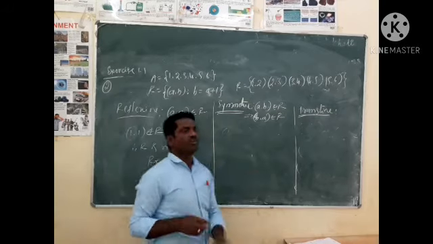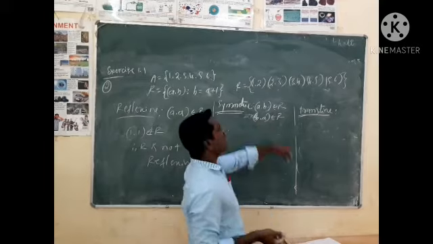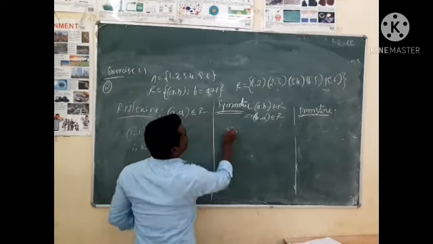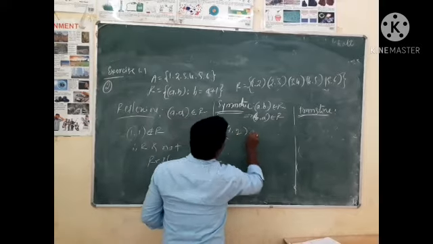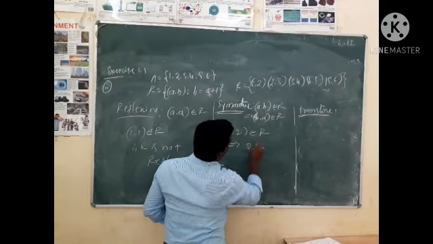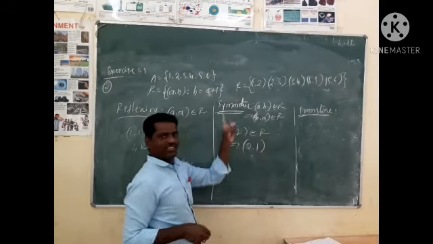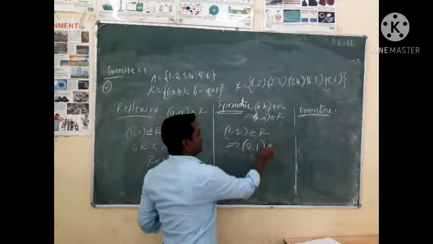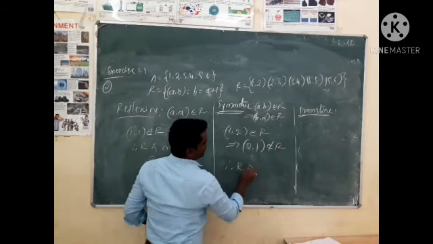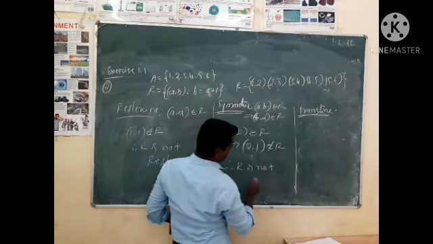Next, what about symmetry? If (a, b) belongs to R then (b, a) belongs to R. (1, 2) belongs to R implies (2, 1). Is there (2, 1) in the ordered pairs? No, it does not belong to R. Therefore R is not symmetric.